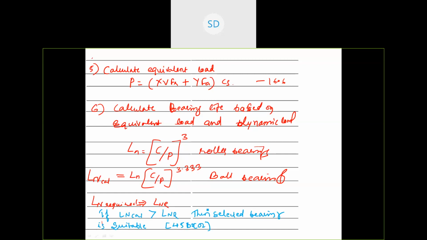Suppose Ln calculated is less than Ln required, as it is not going to satisfy the millions of revolutions required, it is not suitable, then you go for a higher series.